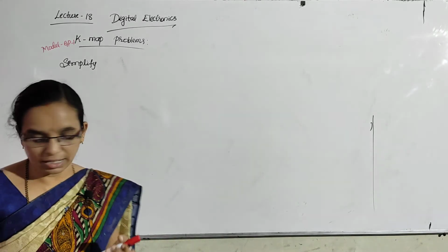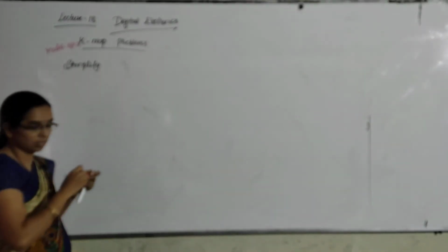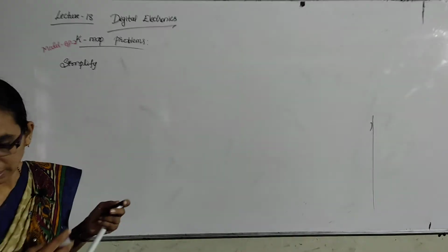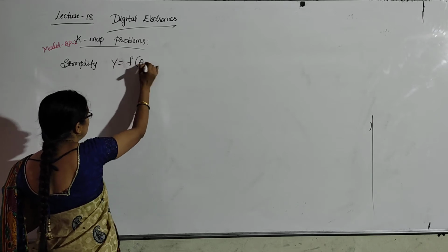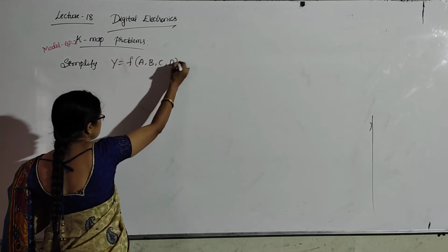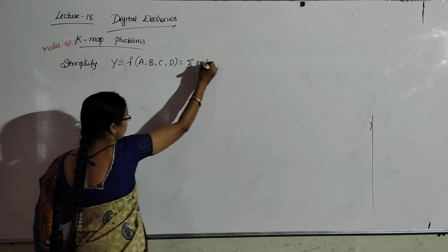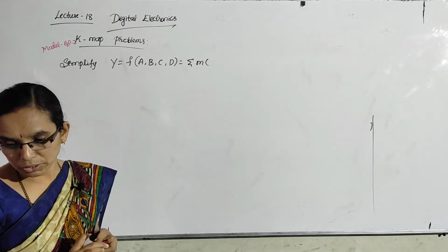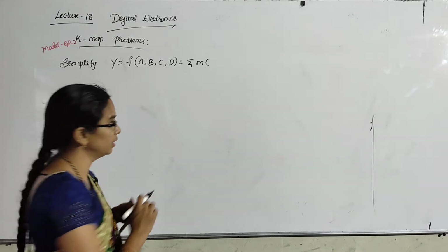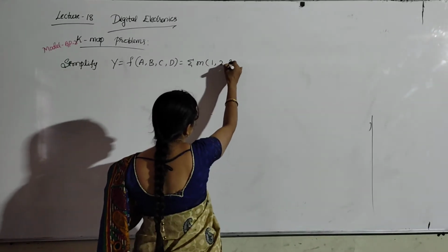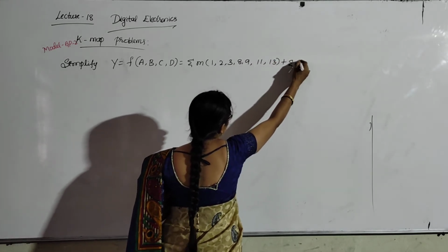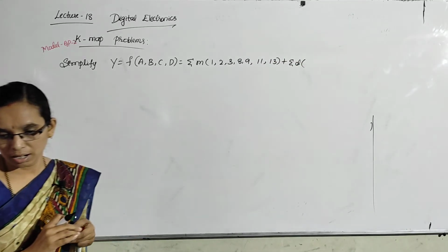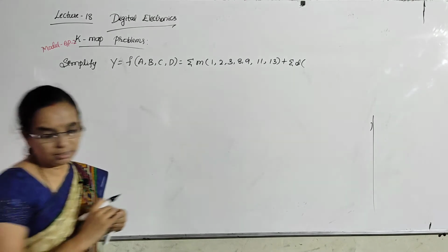Next one, it is from model question paper 2, the second problem. Simplify y is equal to f of a, b, c, d equal to sigma m 1, 2, 3, 8, 9, 11, 13 plus sigma d 0, 7, 10, 15.